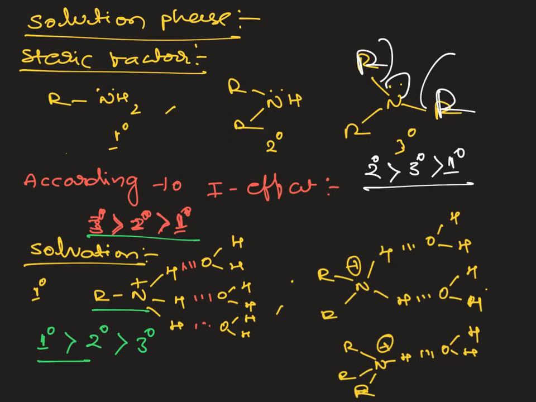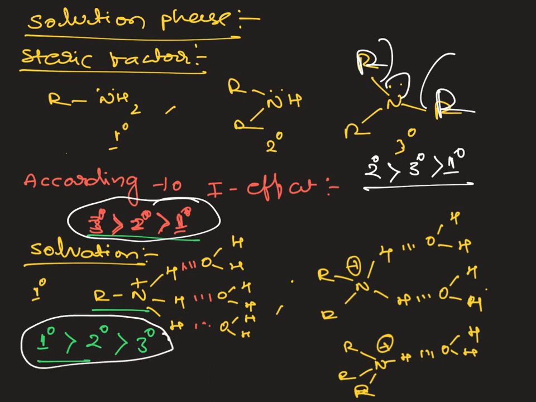So overall in the solution phase, according to the inductive effect, this is the order. According to solvation, this is the order. According to the steric effect, this is the order. When you take an example, depending upon the alkyl groups present on the amine, it will show its order.